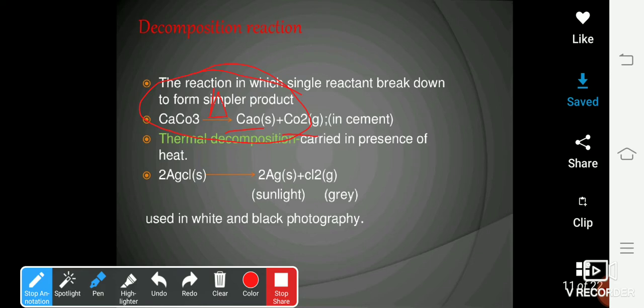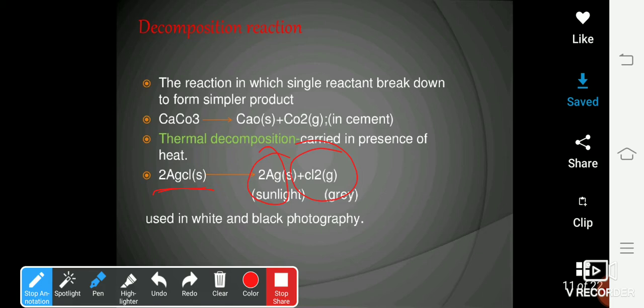Similarly, in photochemical decomposition, when silver chloride or silver bromide is exposed to sunlight, it decomposes to silver and chlorine gas. Now, chlorine gas is yellowish green in color. So, if chlorine gas is evolved from a solution, you can see yellowish green flames on the solution.